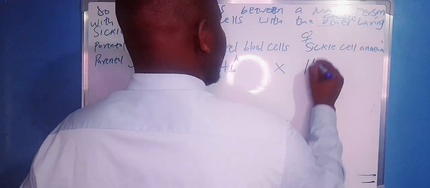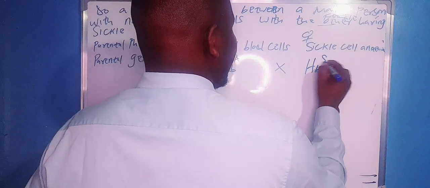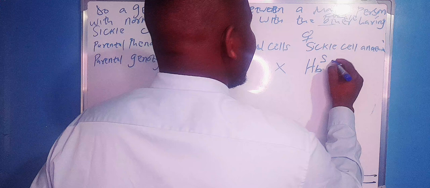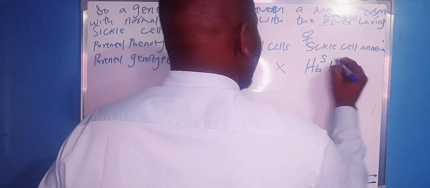Then you indicate your genetic cross. After indicating your genetic cross, you now have HbS because of the sickle cell, then HbS.